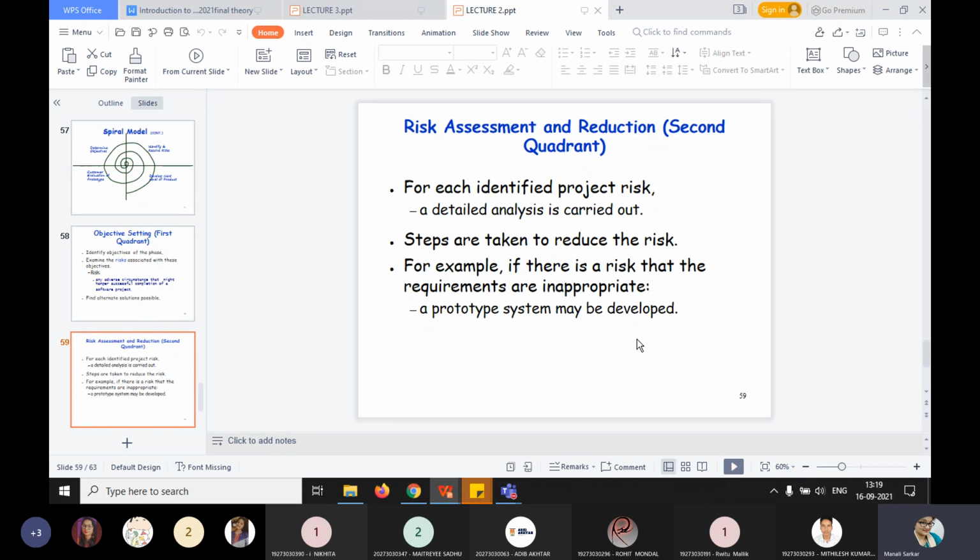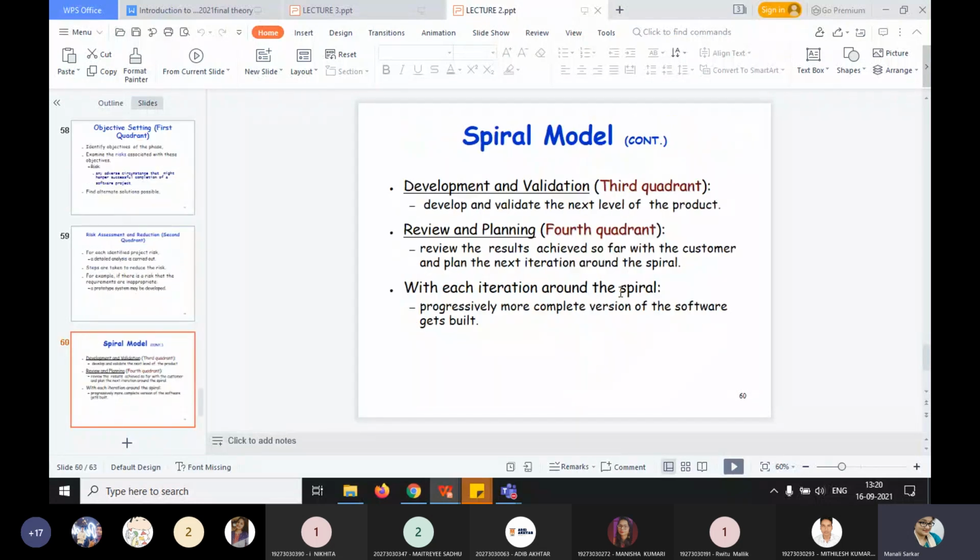Whenever we analyze that there is a kind of risk present in our system, and you can analyze anything depending on your experience, if you see that at this phase of the project you may have a risk, then you will develop a prototype system or demo of that system, so that you can understand that while developing the system, this kind of risk may come and we can resolve it by this process.